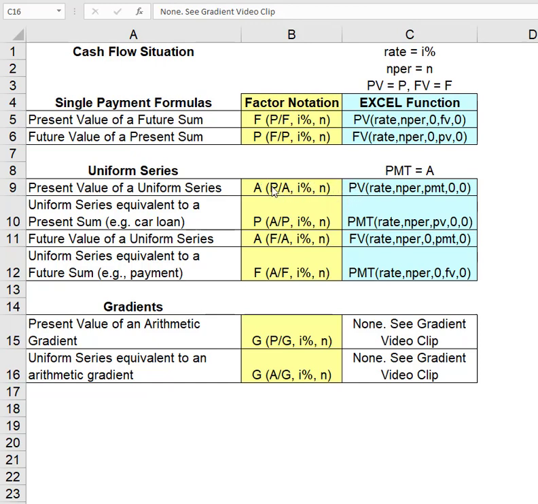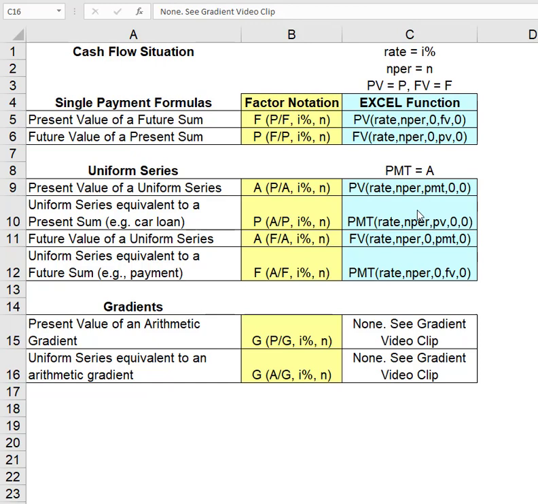And it's pretty straightforward with the factor notation, but in the PV Excel function, now we put that periodic payment amount, that uniform series amount, in the third field, the PMT field. We don't have a future value in this situation, so that's a 0, and now we get the equivalent amount that we would with this P over A factor.